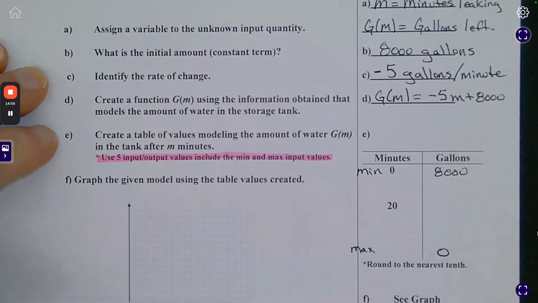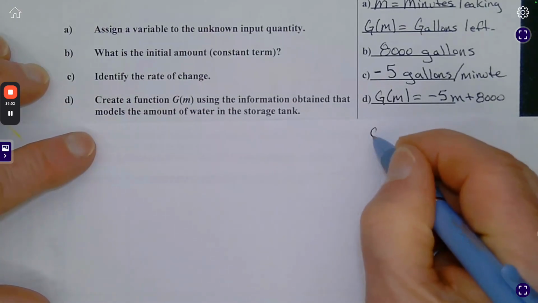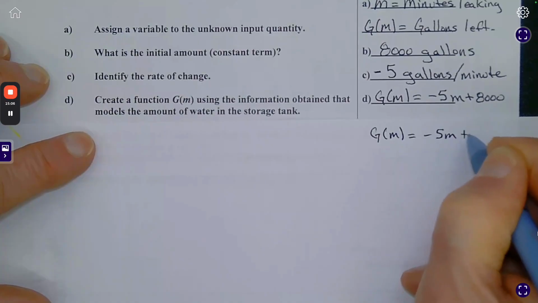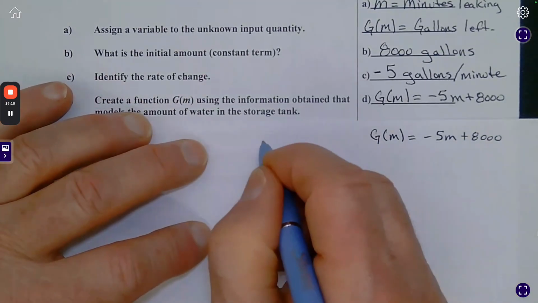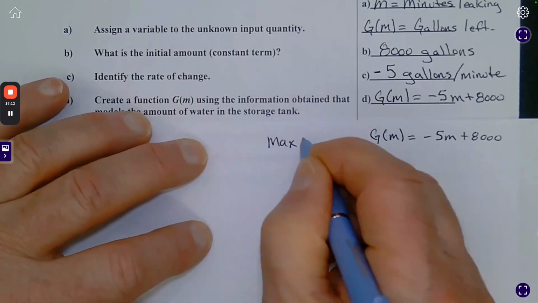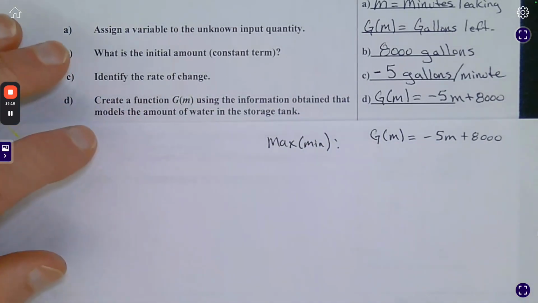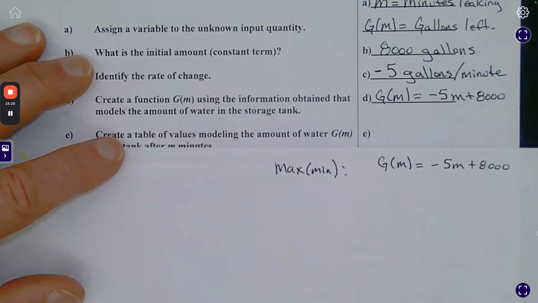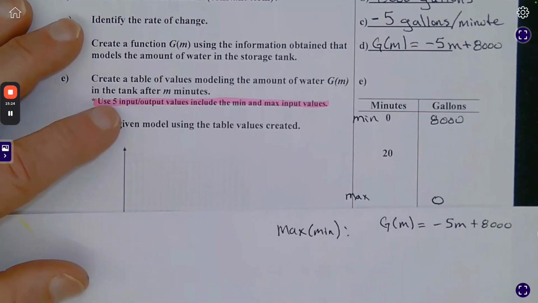So what I'm going to do is I'm going to go to my model right here. G of M equals negative 5M plus 8,000. And what I'm doing is I'm finding my max minutes. How long does it take for the tank to completely empty? So I'm going to put in what I know.